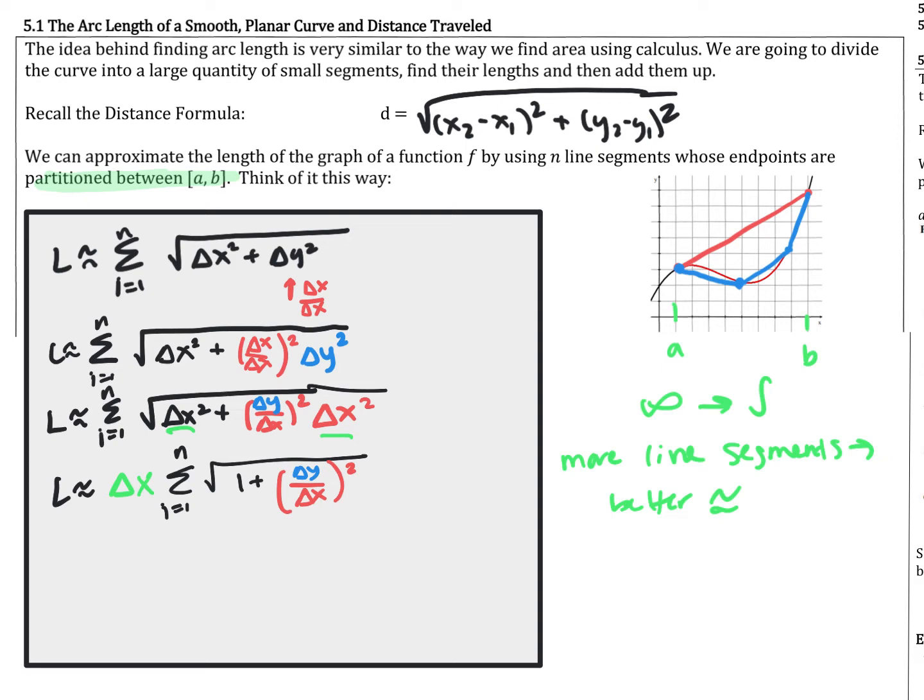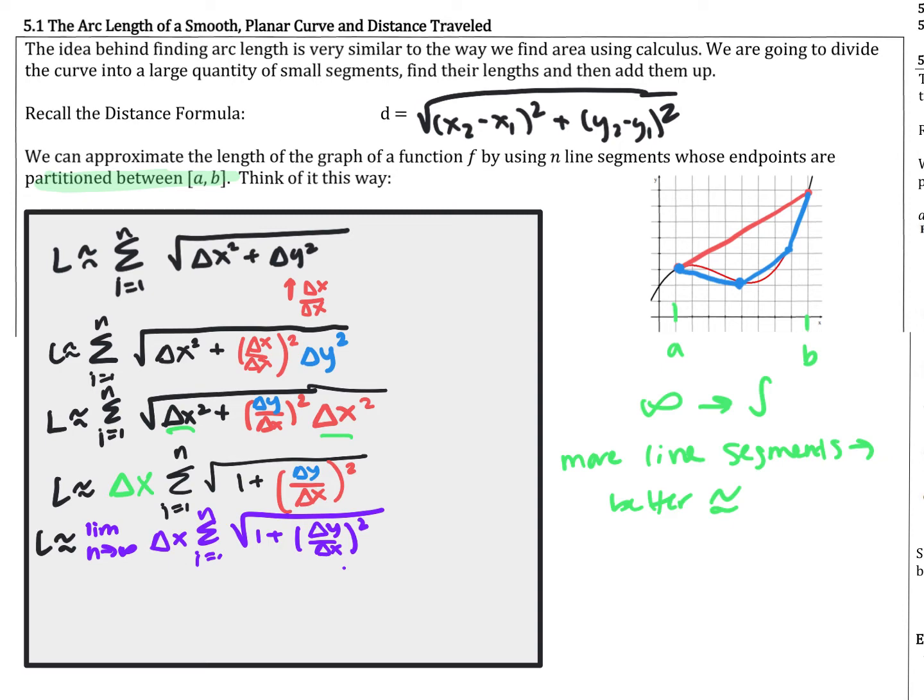Now, if we want to have an infinite number of rectangles, we're going to look at the limit as n goes to infinity of this same approximation. And since we're talking about a smooth curve, the derivative exists everywhere, which means the Mean Value Theorem guarantees that there is a value such that f prime of that value is equal to delta y over delta x.